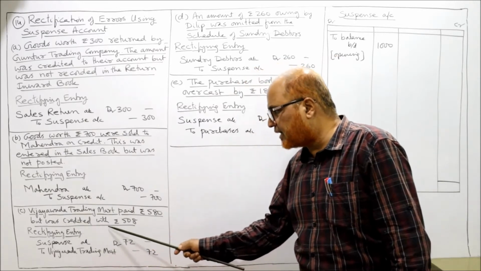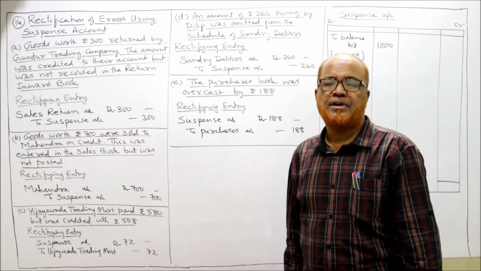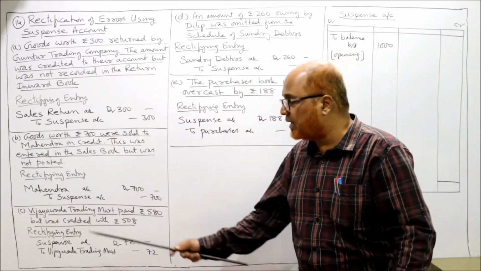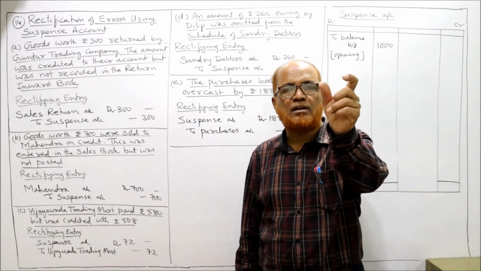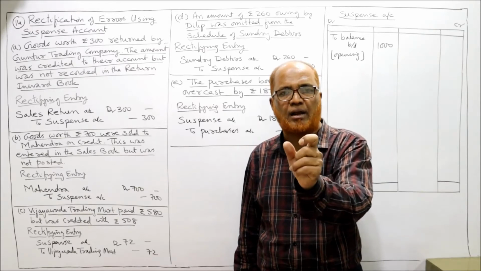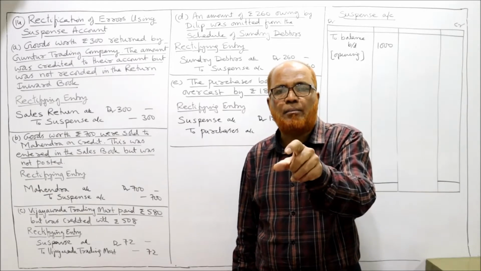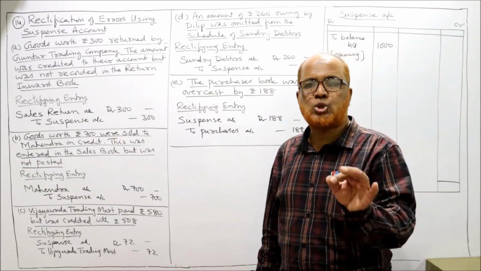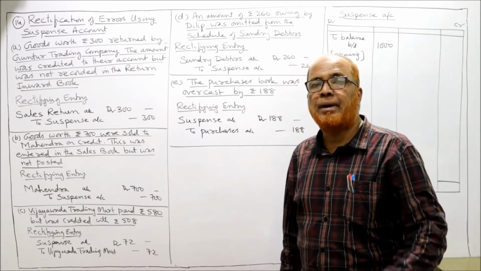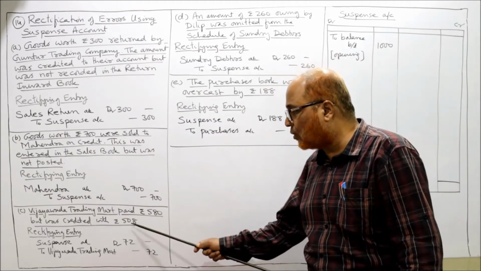But it was credited with rupees 508. Credit will be given to Vijayawada Trading Mart. In Vijayawada Trading Mart, we actually have to credit 580, but by mistake we have credited only 508.